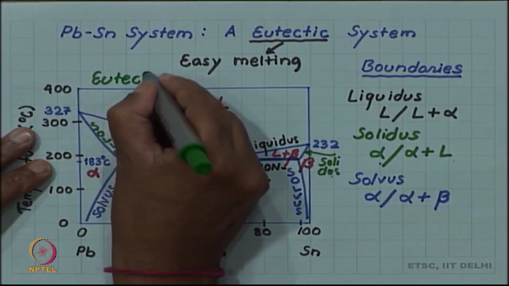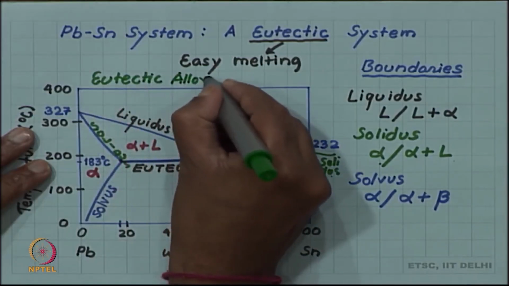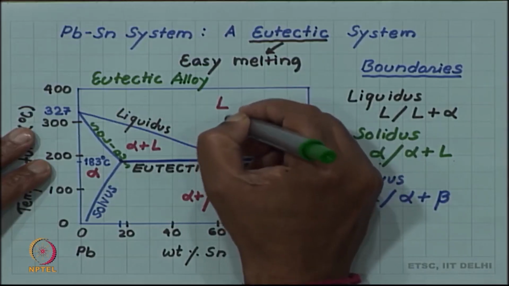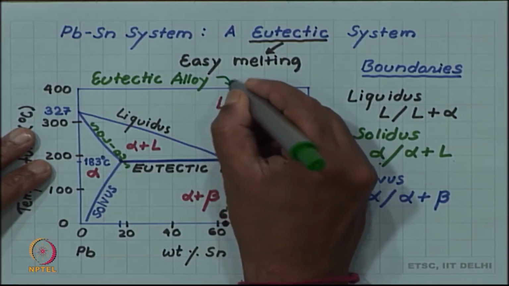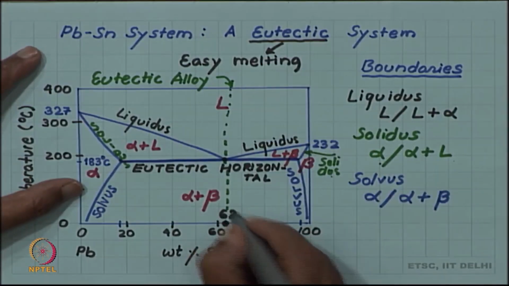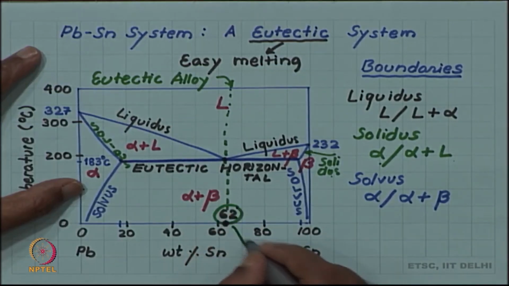This particular vertical is the eutectic alloy. Correspondingly, the composition at which the eutectic alloy exists is called the eutectic composition.